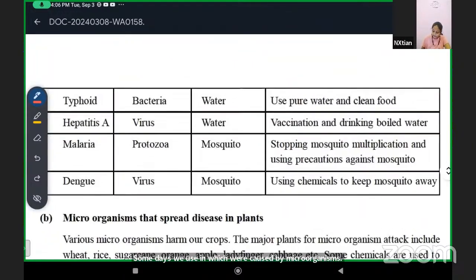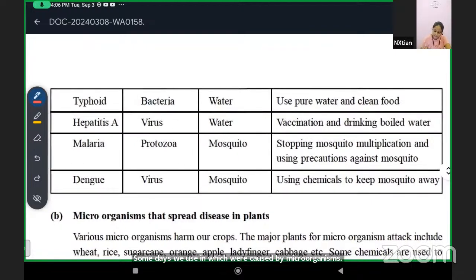Then typhoid is also caused by bacteria which comes through water, and we can use pure water and clean food. Then hepatitis A is a virus, again spread by water. Vaccination and drinking boiled water is necessary.